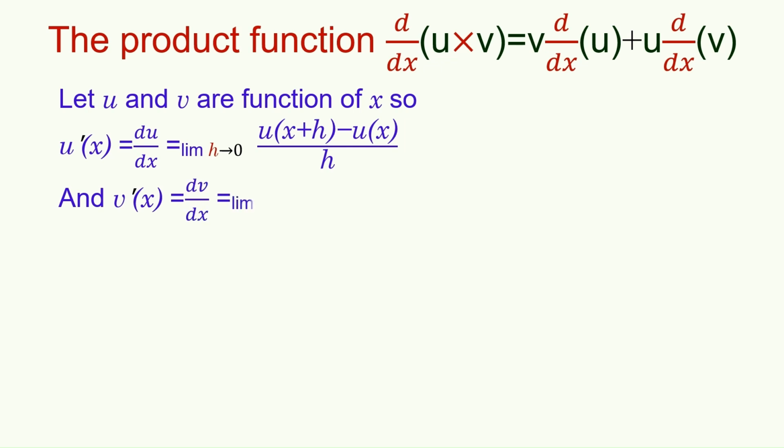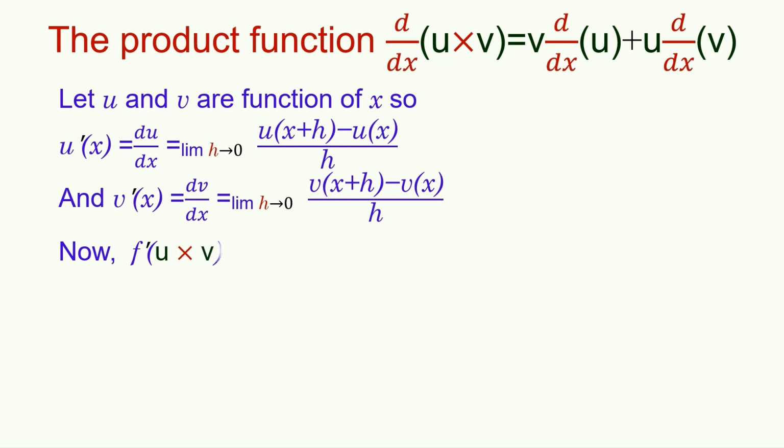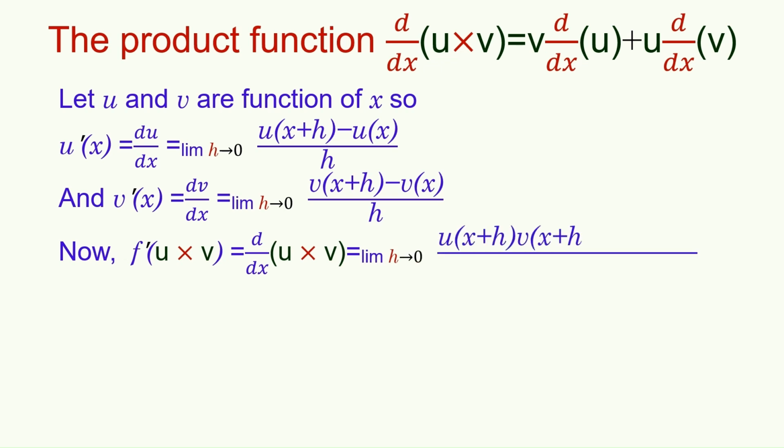And v dash of x equals dv dx equals limit h tends to 0, function v of x plus h minus function v of x whole divided by h. Now f of u times v equals d dx u times v equals limit h tends to 0 u x plus h v x plus h minus u x v x whole divided by h.